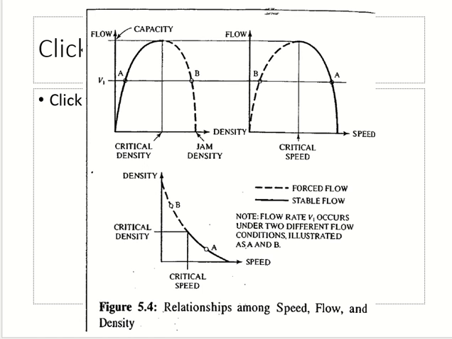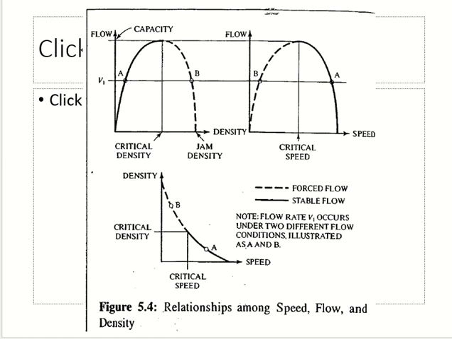So you can see when density increases, what happens to speed? Decreases. And why does the speed decrease with increase in density? There's less space to move. Okay. So this relationship is very clear, and we have discussed it earlier as well. Any questions?